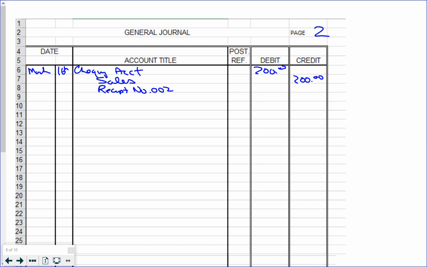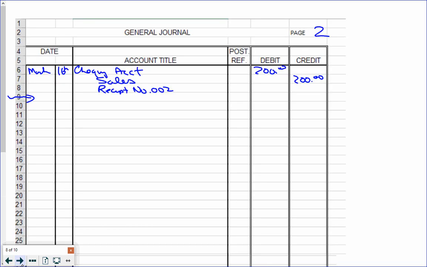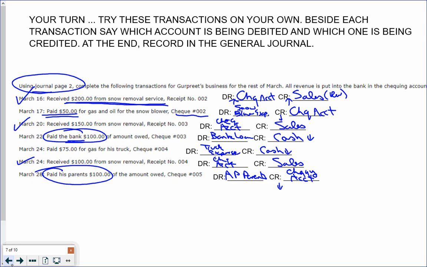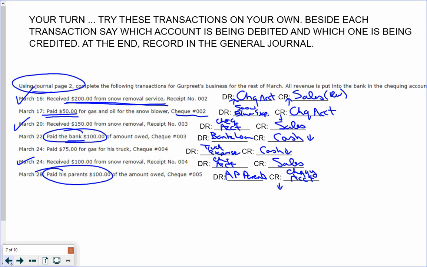And then for me, I like to skip a line just because I like it spaced out. And then I would start the next one. So March 17th, I debited snow blower expense. I credited checking account.